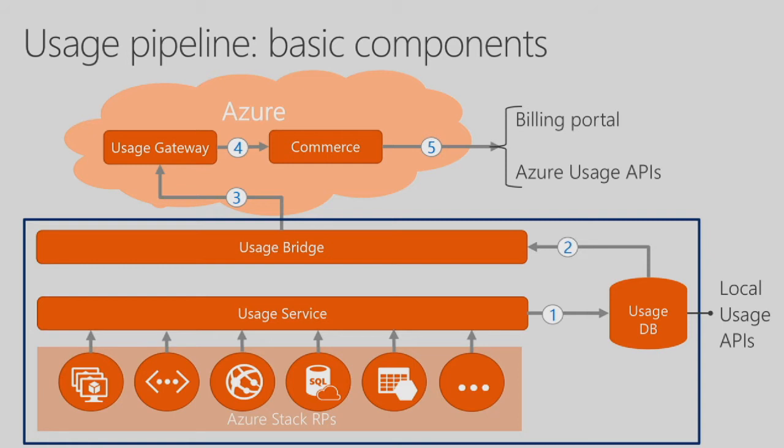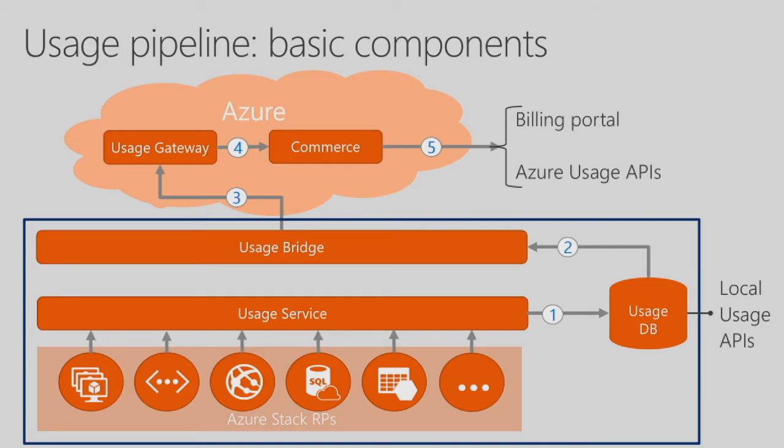So each resource provider, at least once every hour, will emit a usage record and send it to the usage service. What does the usage record say? The usage record says that this resource was consumed. Here is how much of it was consumed. So for example, there was a VM. The name of the VM was Alfredo VM1.